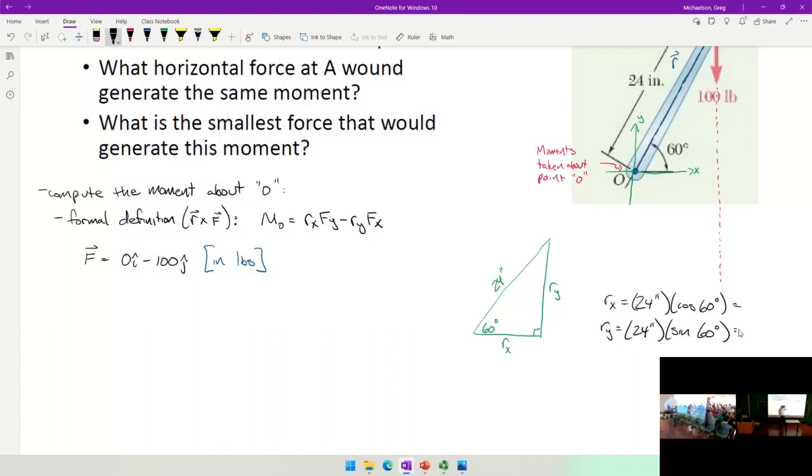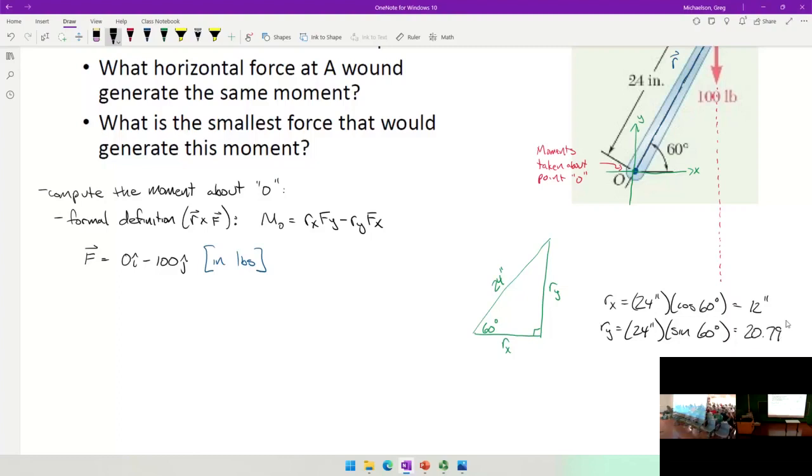So Rx, what's Rx? Twelve. All right, and what about the y-axis? That one's going to be a little messier. We'll say like 2 decimal places. 20.79.